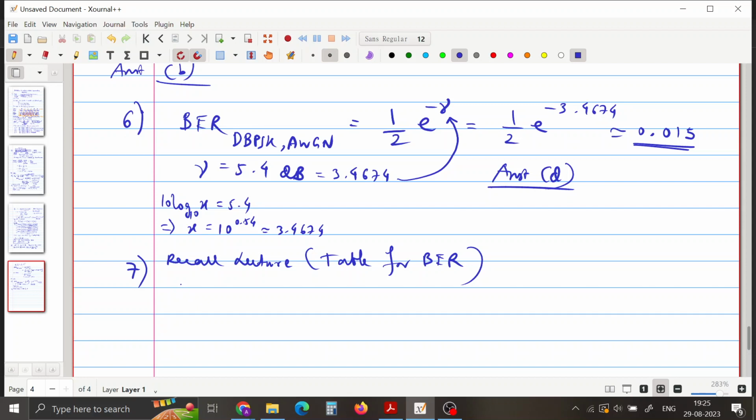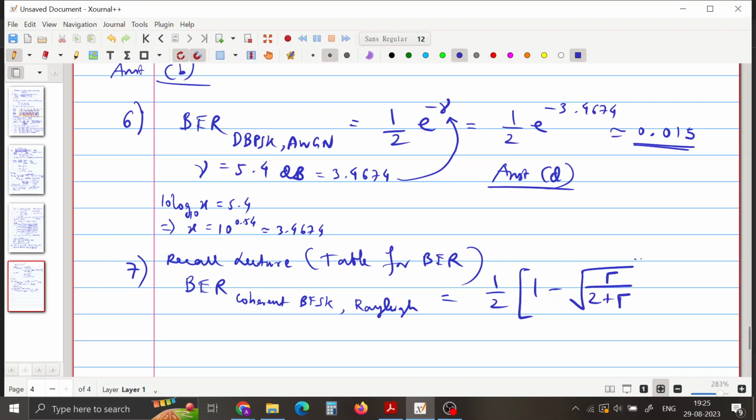From that table you can find that the bit error rate for coherent BFSK, not in AWGN but in Rayleigh fading, was given by this formula: half times 1 minus square root of capital gamma by 2 plus capital gamma, where your gamma is the average SNR.